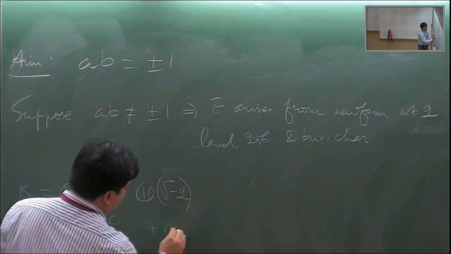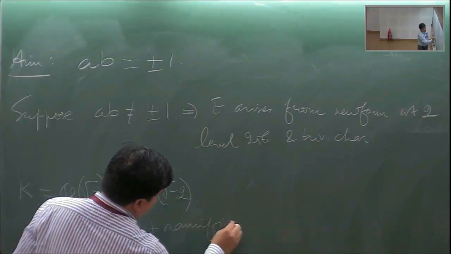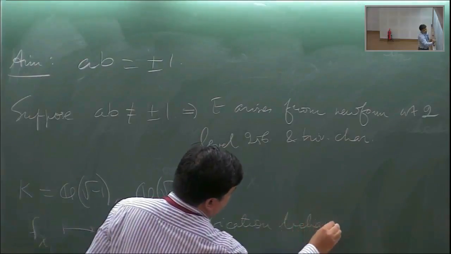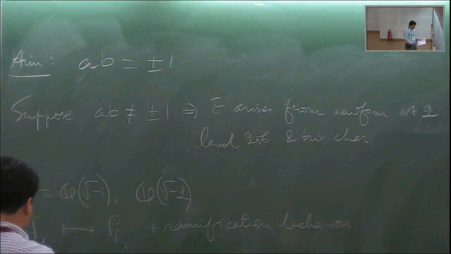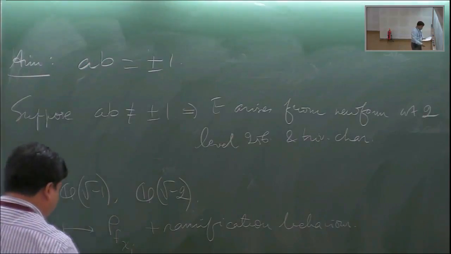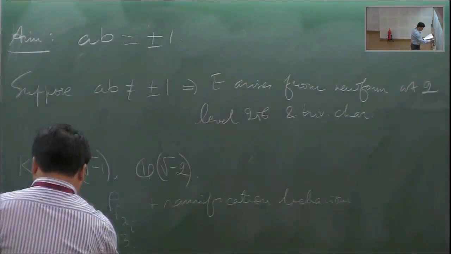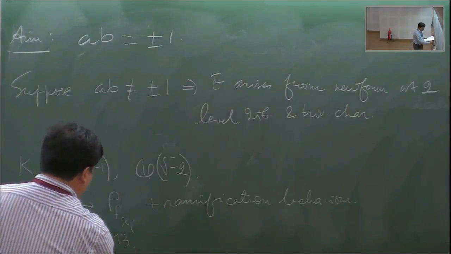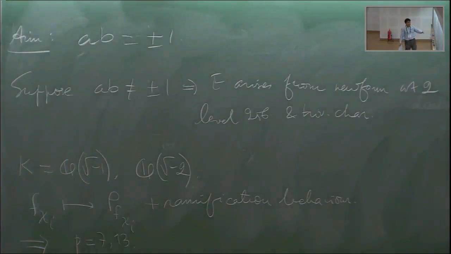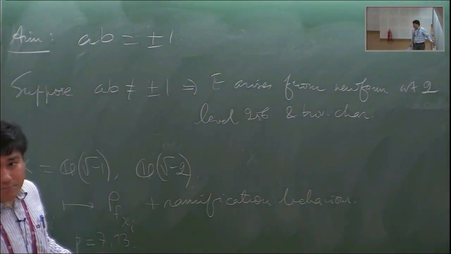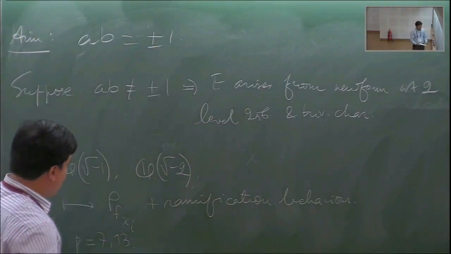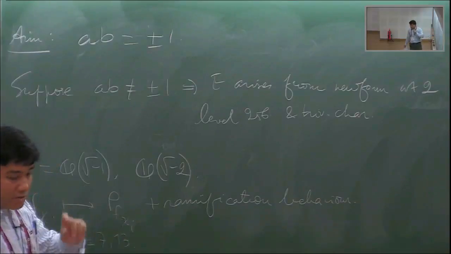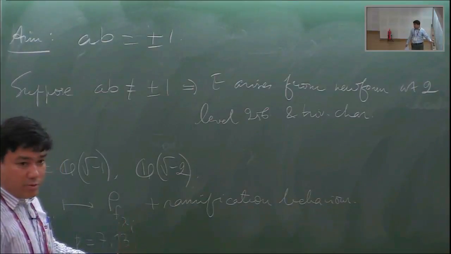Then if p is equal to 7, your A times B is forced to be a power of 2, which is not possible because A times B must be odd. So you are left only with p equal to 13.